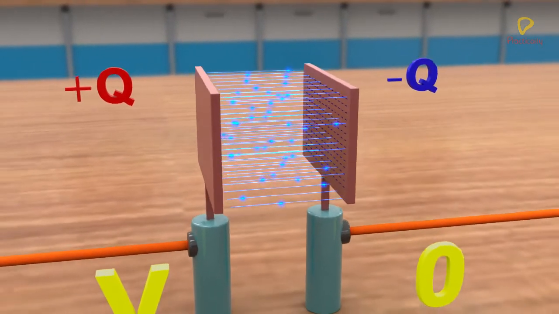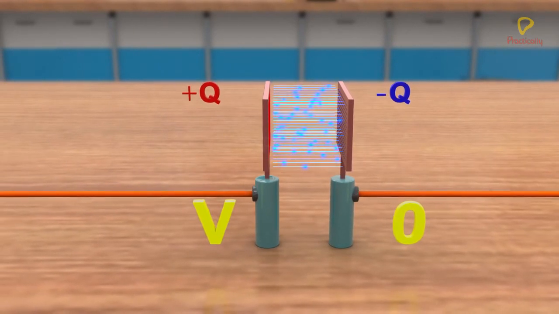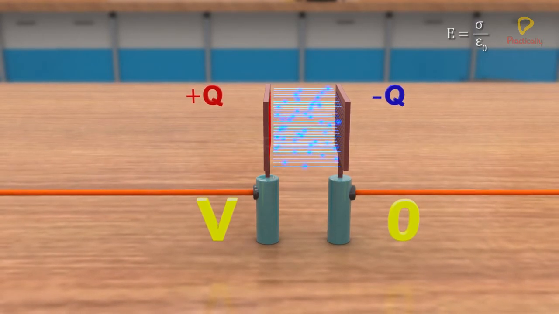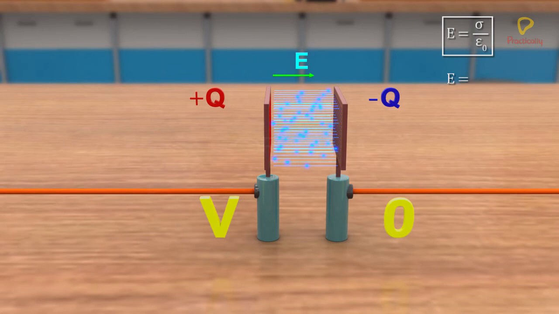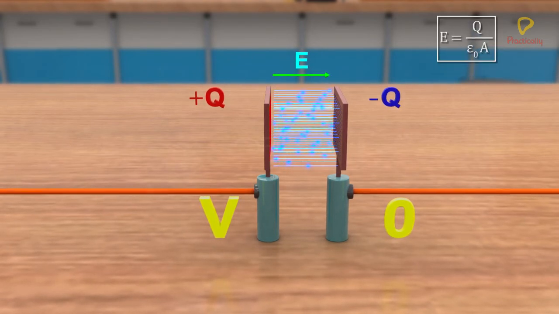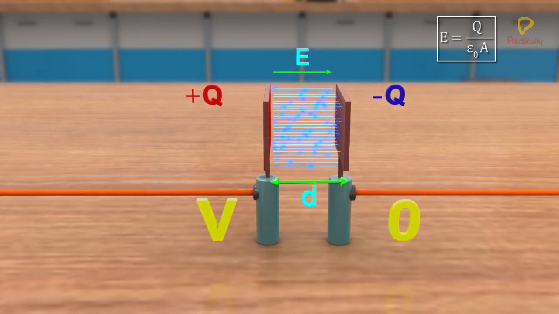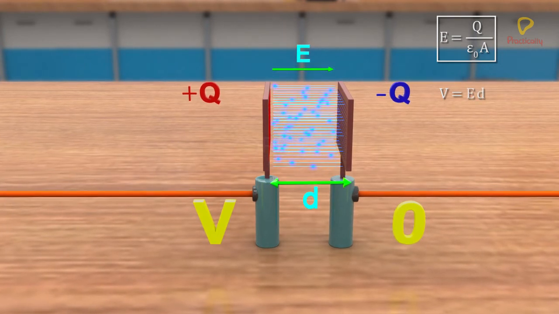From our earlier topics on Gauss's law, there is a uniform field between the plates, which is equal to σ/ε₀. So, the electric field E is equal to Q/(ε₀A). If the distance between the plates is d, the potential difference between the plates, V, is equal to E times d.